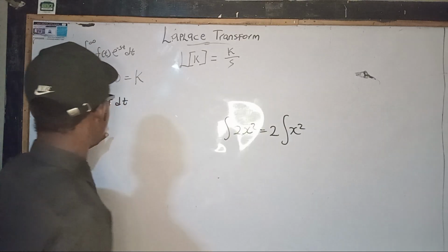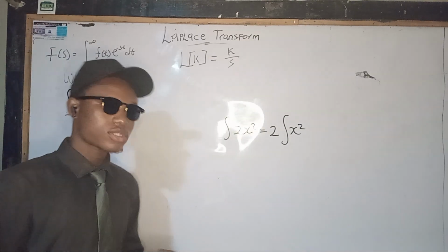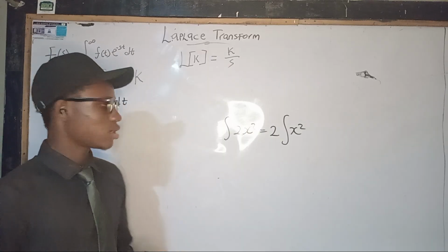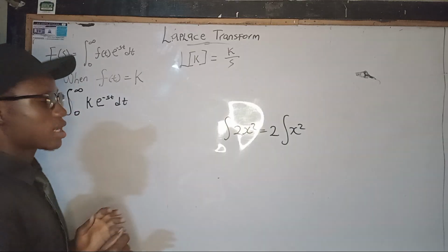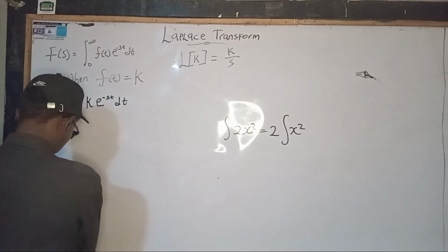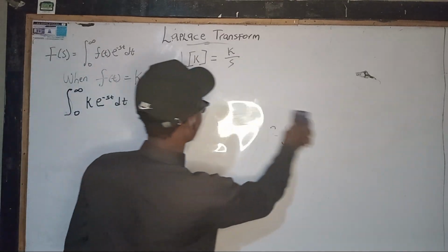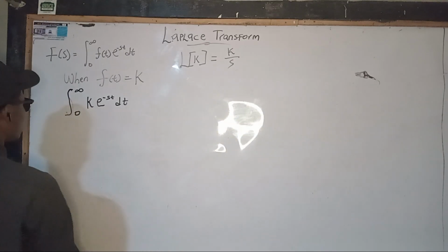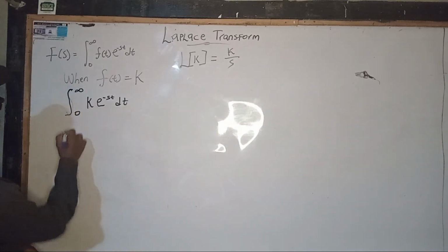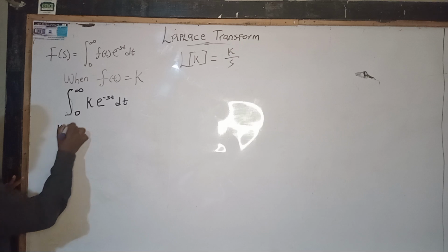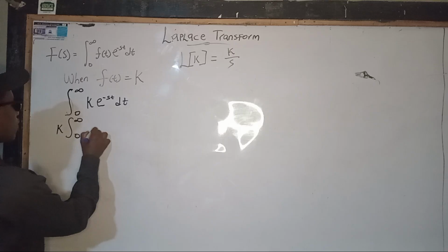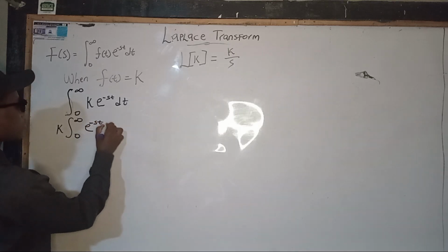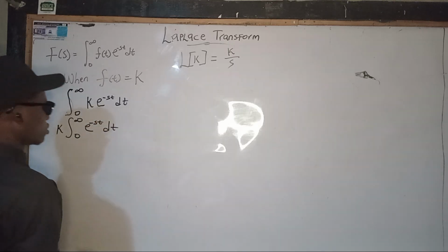So k being a constant, that is k is not a function of time in any manner, we can bring k outside of the integral sign, and that is what we are going to be doing. So right here we put k, then the integral from infinity to zero of e raised to power minus st dt.